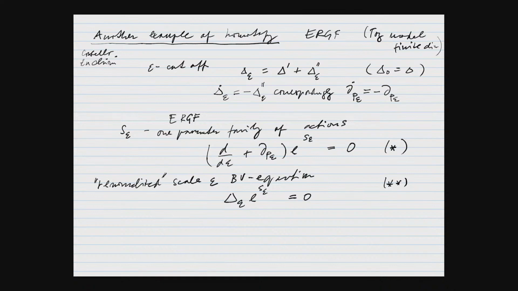Maybe it's related to what I told you. There is another nice example of the homotopy, which is the exact renormalization group flow. And again, I'm considering just a toy model, kind of finite dimensional, because in the infinite dimensions, I should have told you, I don't know how to define Batalin-Vilkovisky delta, really, right? Because it's singular.